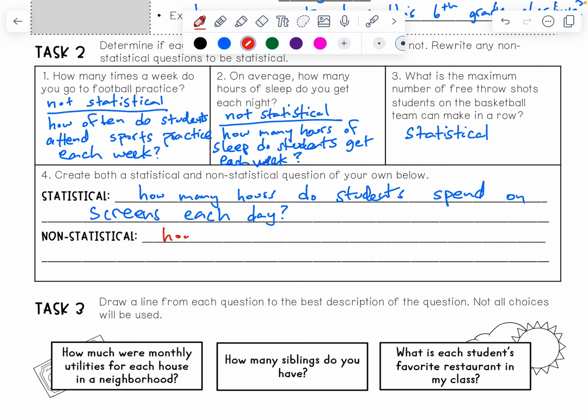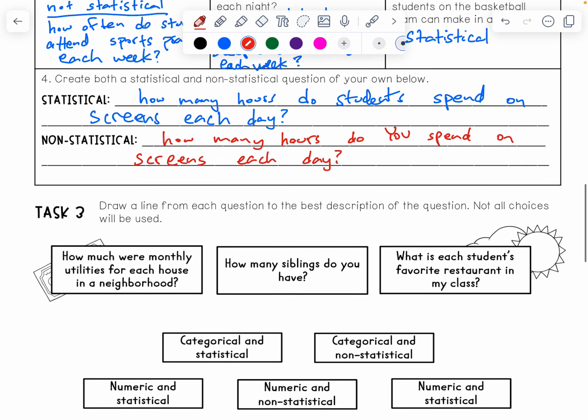Let's say, how many hours do you spend on screens each day? And again, that would be an average.